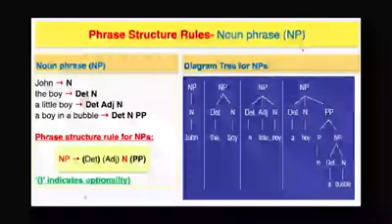The last example, this is the representation in a tree. We have an NP, which breaks into a determiner, a noun, which stands for boy, and the prepositional phrase, which stands for a preposition and an NP.